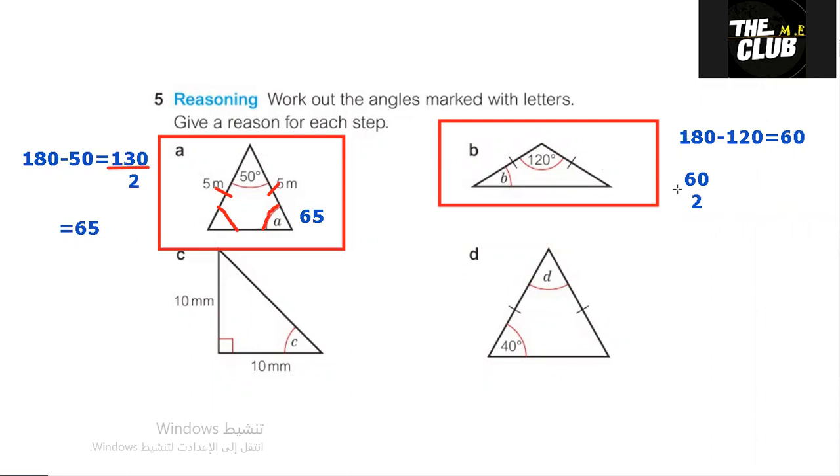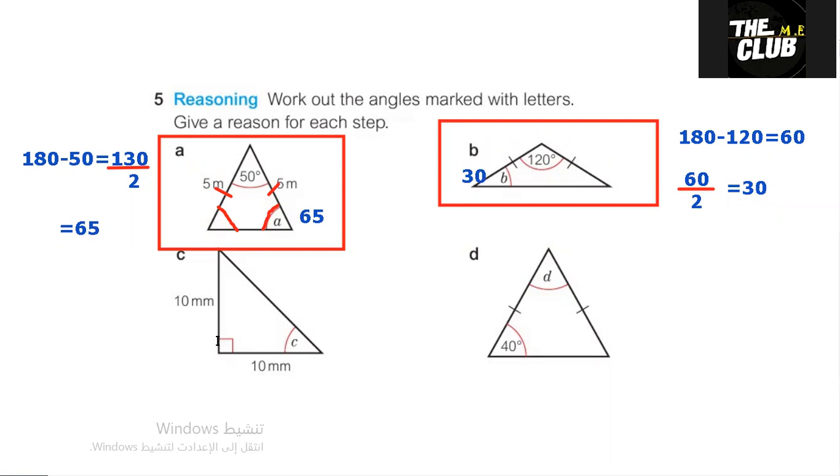Very good. It will equal 30. So 60 divided by 2 equals 30. Here. Now, this one is 30. Same idea between A and B. Subtract from 180 and then divide by 2. Once you know the angle on the top, you subtract from 180 and then divide by 2.